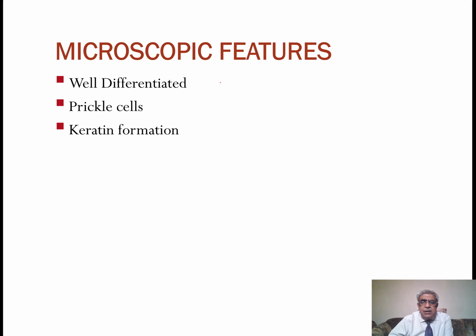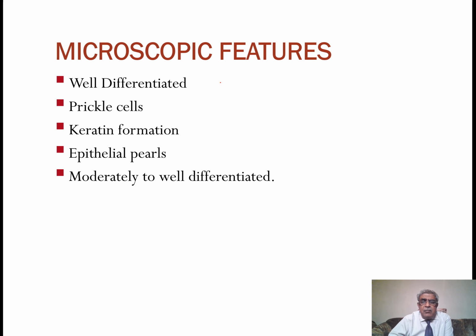Microscopic features are the same, well differentiated, maybe, or maybe moderately differentiated. Well differentiated, they are prickle cells, their keratin formation, their keratin pearls or epithelial pearls, moderately to well differentiated.